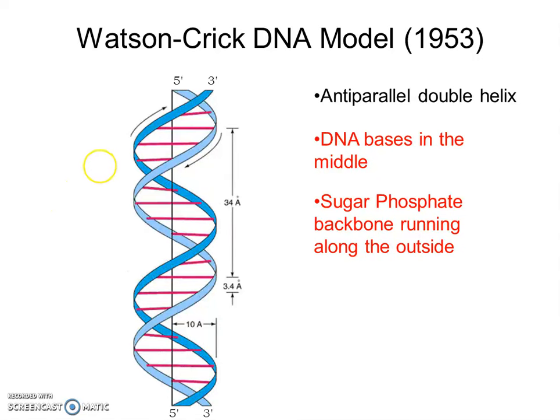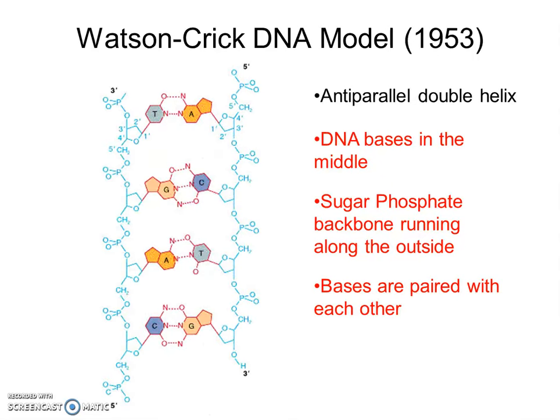DNA bases are in the middle, connected by hydrogen bonds, and sugar and phosphate make the backbone of the DNA. So it alternates as phosphate, sugar, and to the sugar is attached the nitrogenous base, and this makes up one nucleotide.